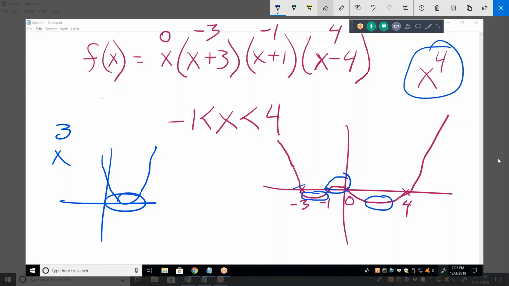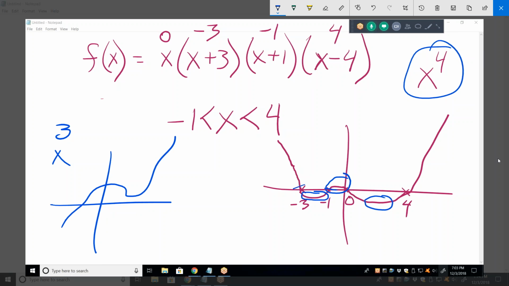Okay. When you have x cubed, a typical x cubed function looks like this. You have 1 relative maximum and 1 relative minimum. In other words, you have 2. Now, not all x cubes look like that. In fact, if I were to graph x cubed all by itself, you don't have any relative minimums or maximums.